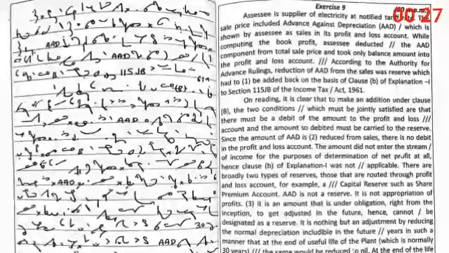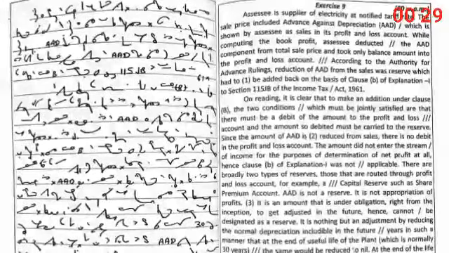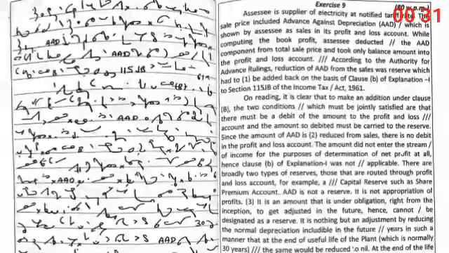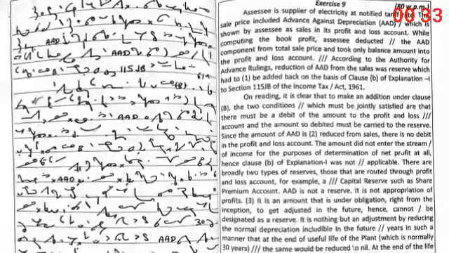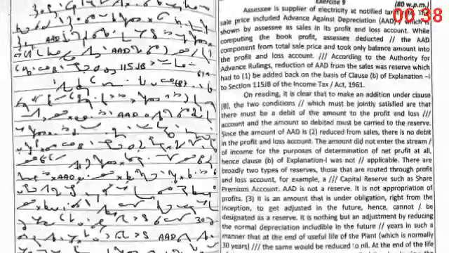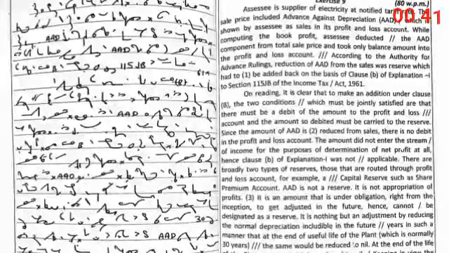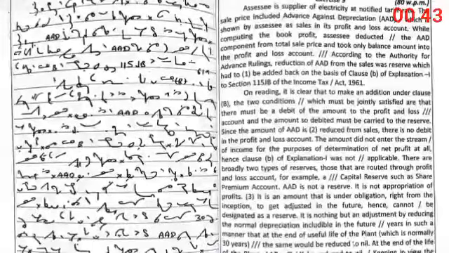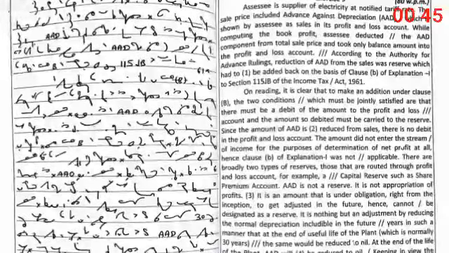While computing the book profit, SSE deducted the AAD component from the total sale price and took only the balance amount into the profit and loss account.